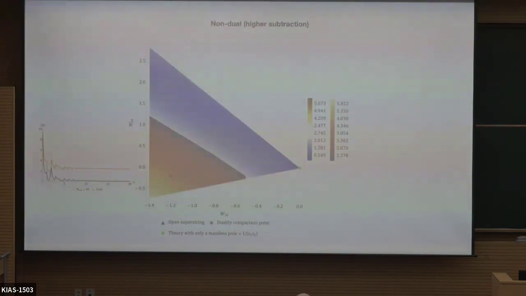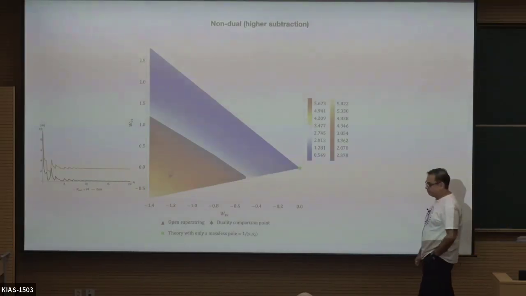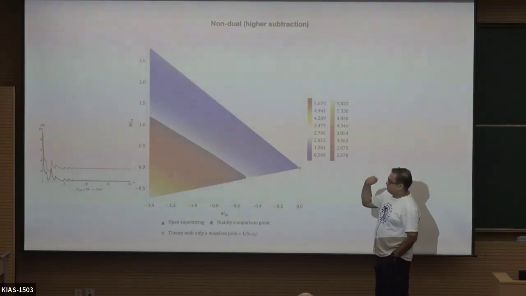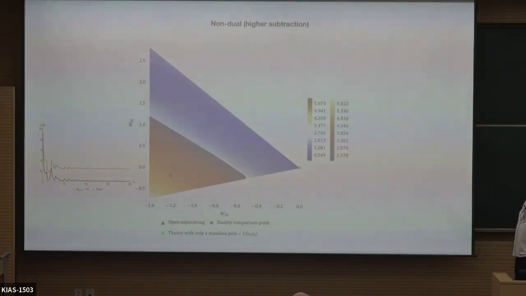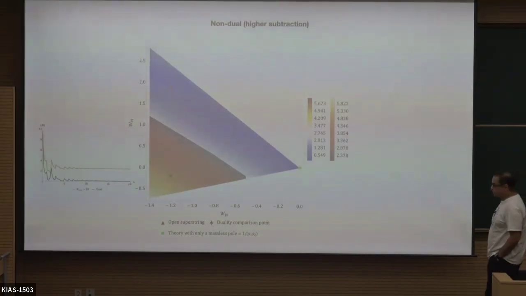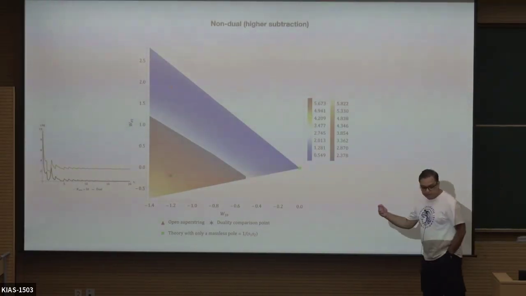Now, the dispersion relation enables you to frame the problem in a different way. You can frame it by demanding that you are allowed to have higher subtractions. The first non-trivial higher subtraction basis is what we will refer to as the non-dual amplitudes. And why are we looking for this?